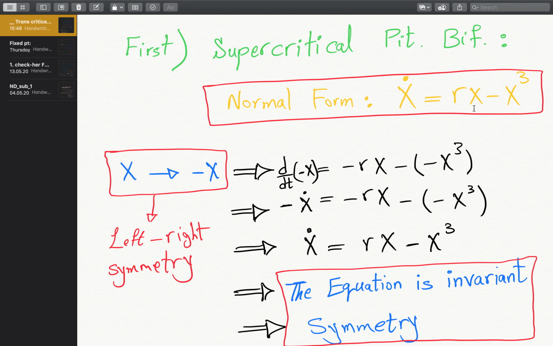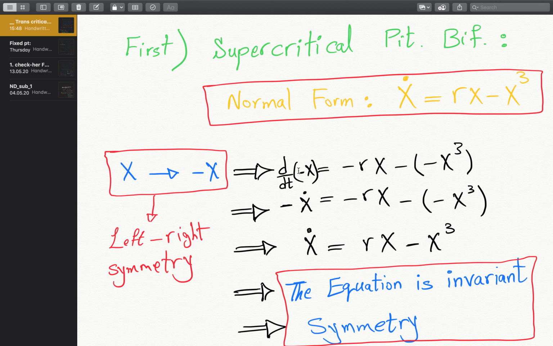I just replaced x with minus x, and this minus is coming from that minus x cubed. Actually, I should take this cube out of this parenthesis. It's a kind of mistake. It's not wrong, but it was better to be outside of this parenthesis.